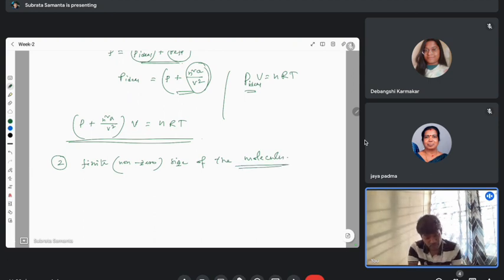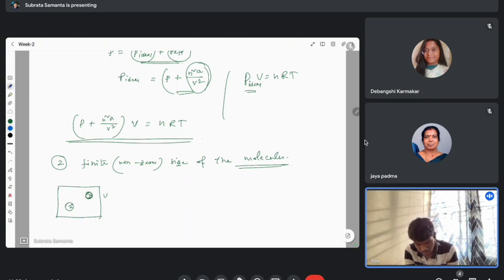Due to this non-zero size, let's say we have a container, and we are considering a molecule with a finite size, radius, let's say r. There is another molecule, and all the molecules have the same finite size r. In the van der Waals case, all the molecules have the same size. So this molecule does not cover the whole volume V. Let's go to different colors.